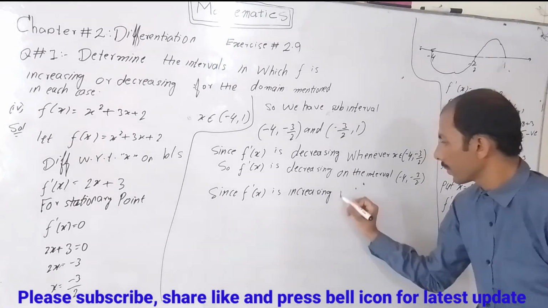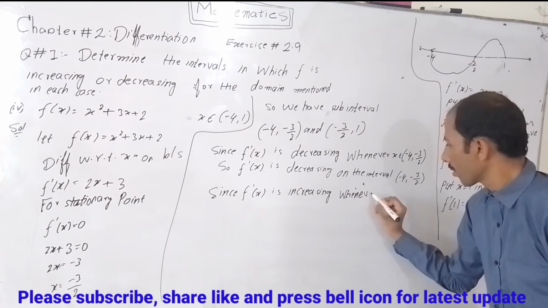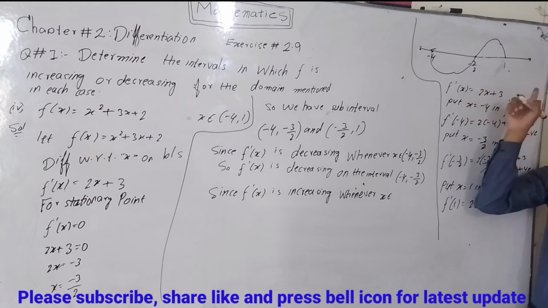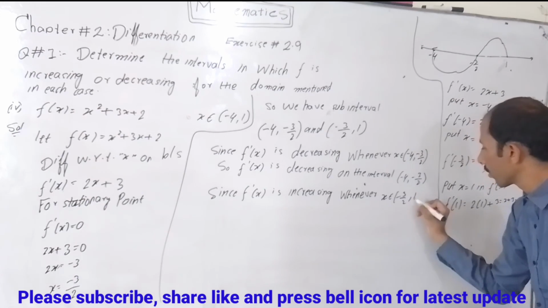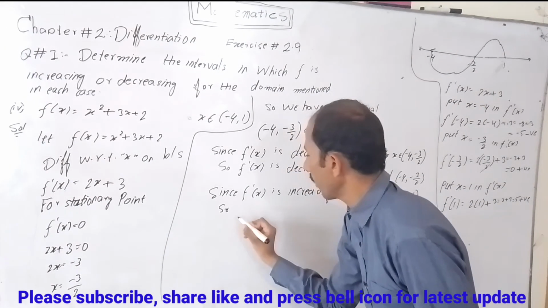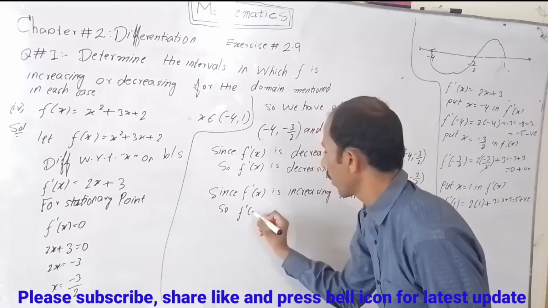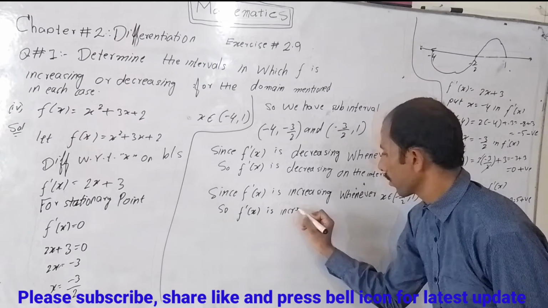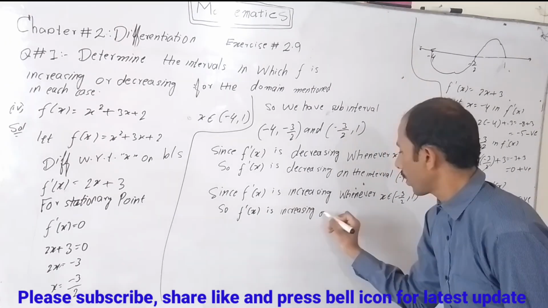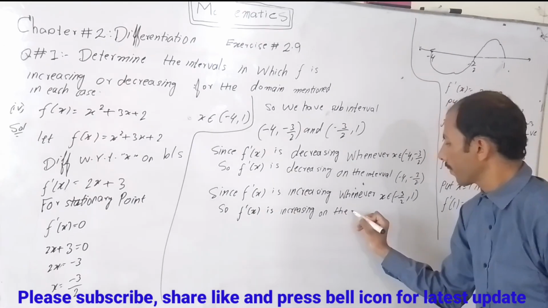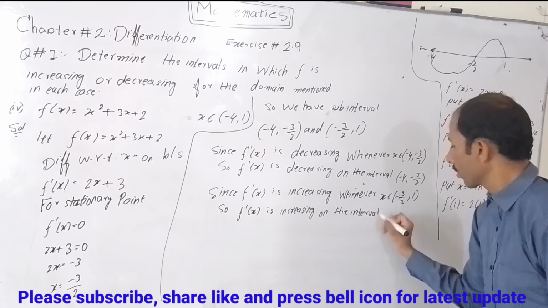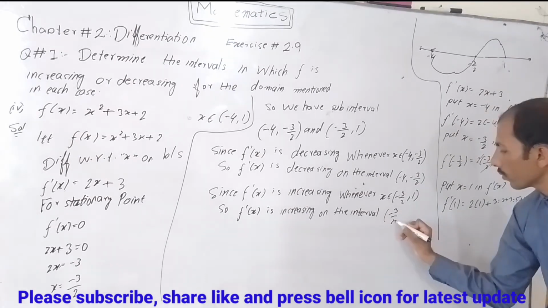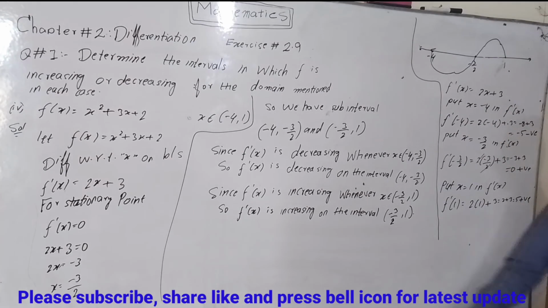Whenever x belongs to minus 3 over 2 to 1, f prime of x is increasing on the interval minus 3 divided by 2 to 1, which is the required solution.